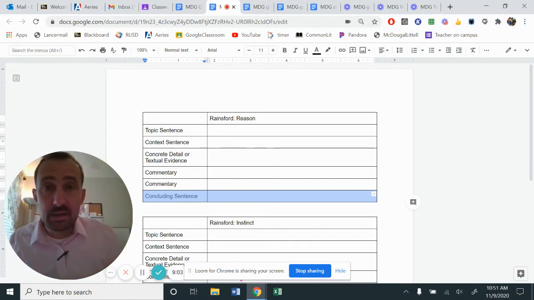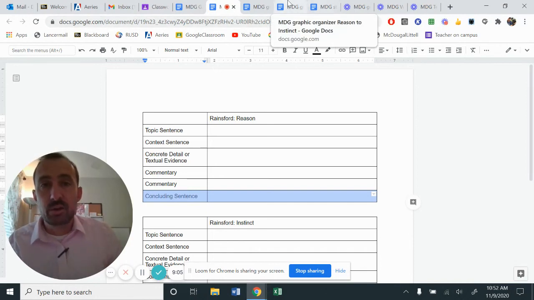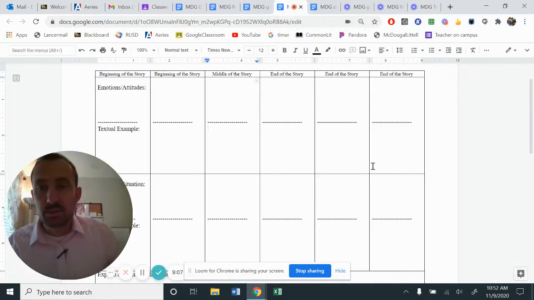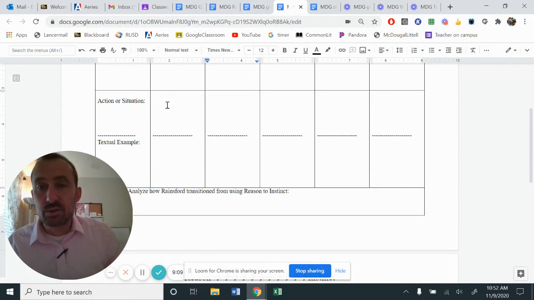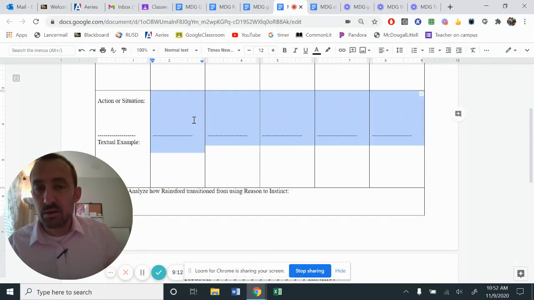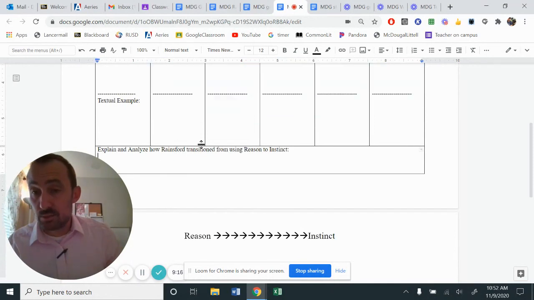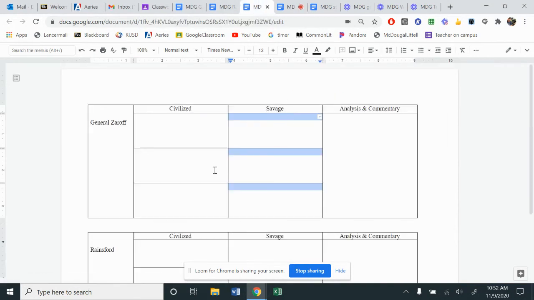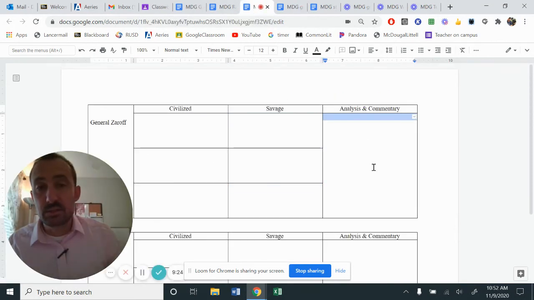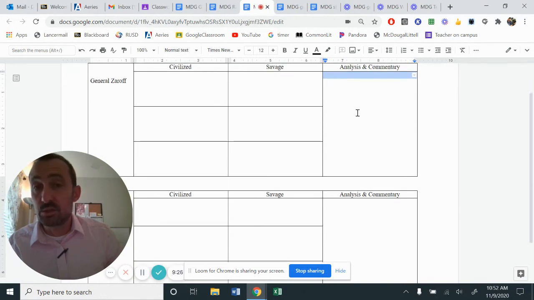You guys can, if you need to, go back over here to your other graphic organizers, and the action part right here is where you would have some information as well as this explaining how he transitioned. That might be some of your concluding sentences. For those of you guys doing General Zaroff, you might look in this sentence right here. These couple sentences may showcase a concluding sentence for you.